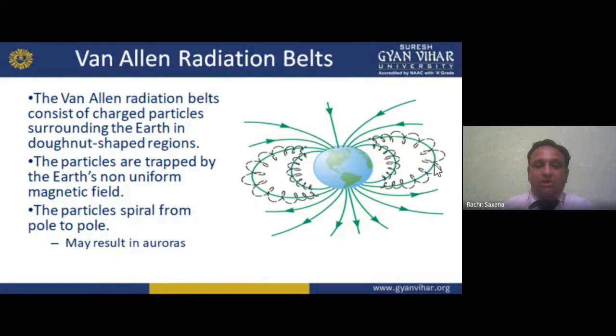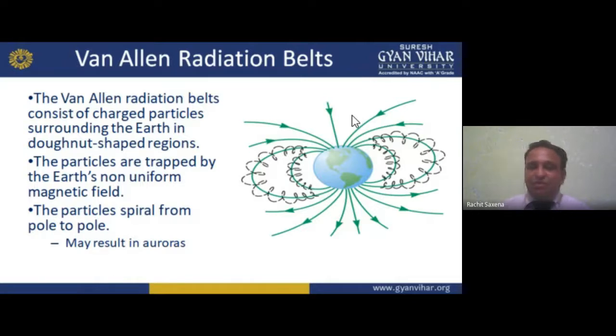They are all charged particles surrounding the Earth in donut-shaped regions. This is the Earth, and this is the donut-shaped region with the charged particles. The particles are trapped by the Earth's non-uniform magnetic field, so it is an example of a non-uniform magnetic field.